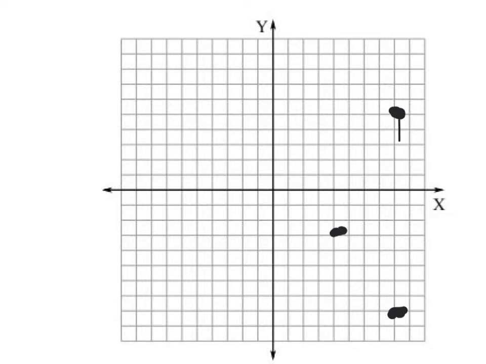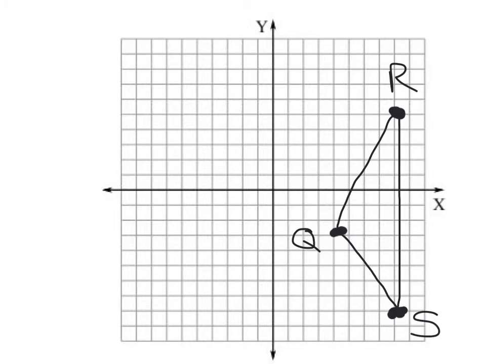So, go like so, and like so, and like so. Sorry about the messiness there. You guys get the idea. Let's make sure that we label our corners. So Q, R, and S.